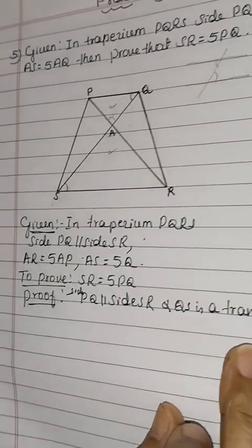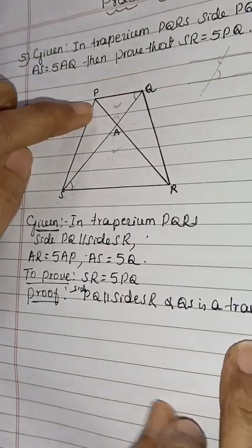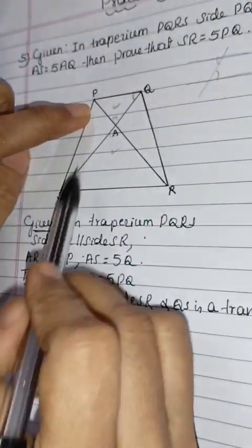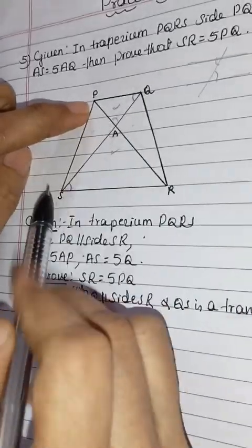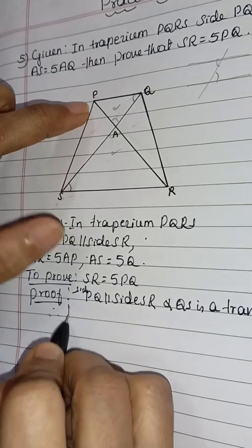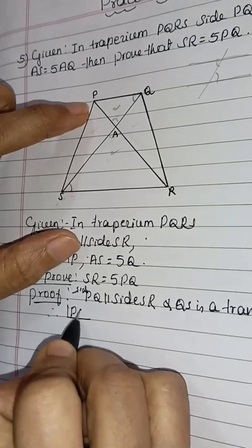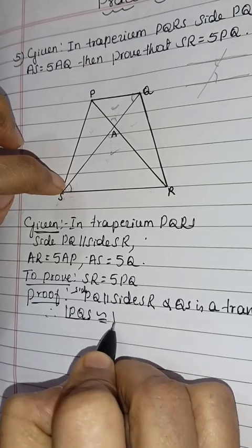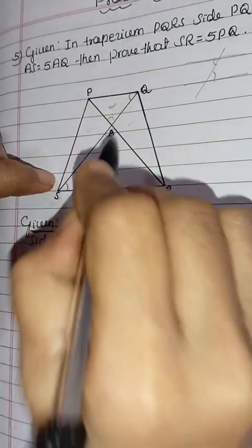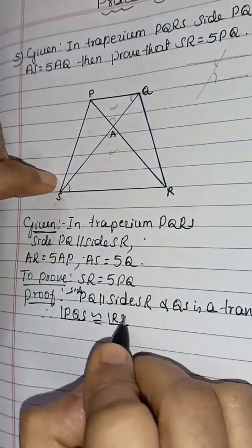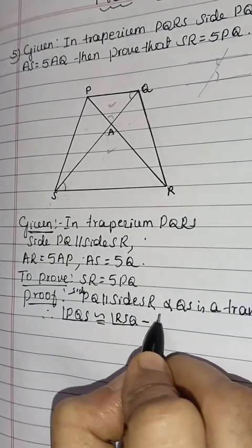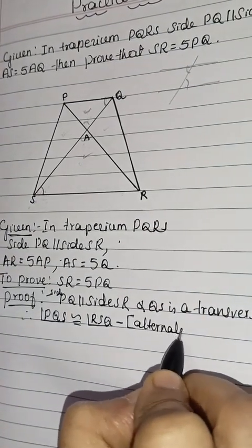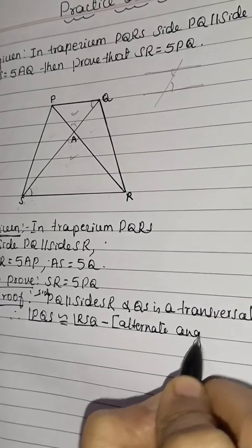Therefore, angle PQS is congruent with angle RSQ, because they are alternate angles.